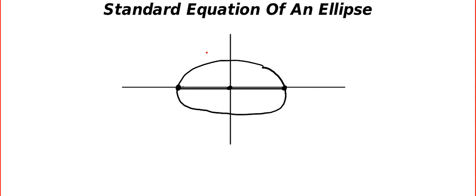This ellipse can be created by a fixed line on the left and a fixed point, or a fixed line on the right and a fixed point.